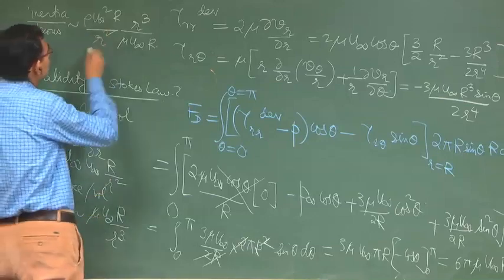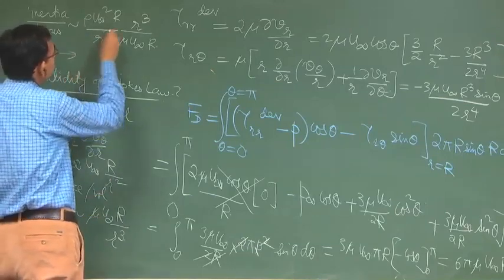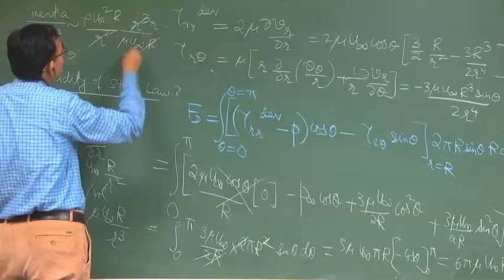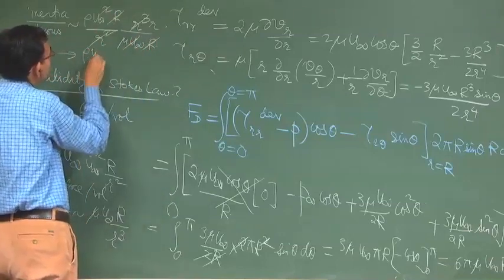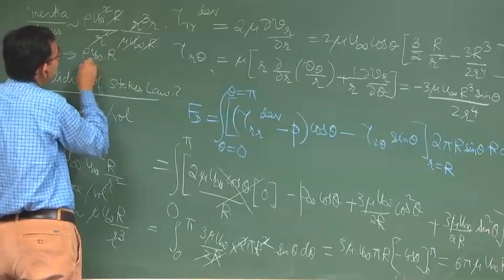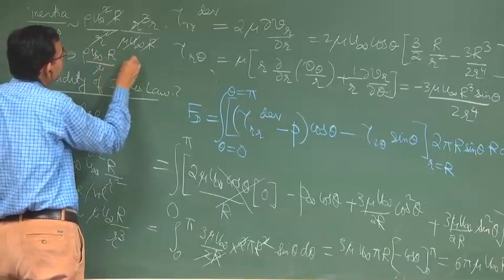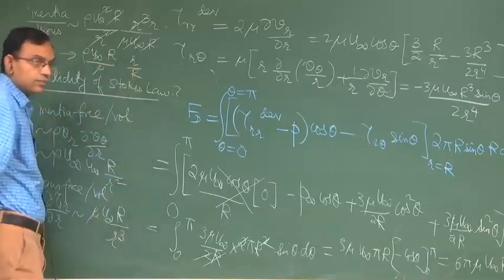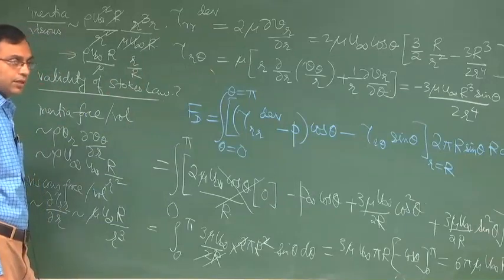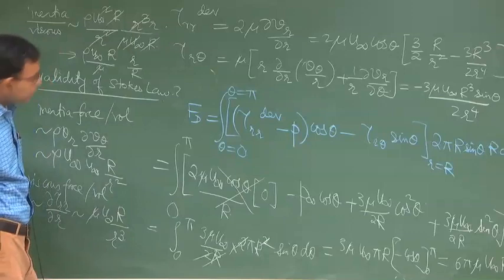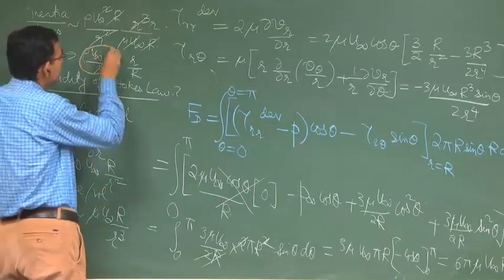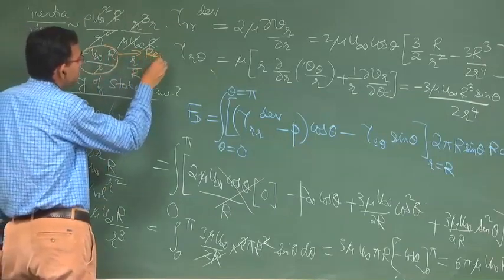So, you can write it in terms of Reynolds number: one of the r goes away, one of the u infinity goes away. So, you can write rho u infinity r by mu into small r by capital R, okay, just multiplying and dividing by this. So, this is the Reynolds number based on capital R.